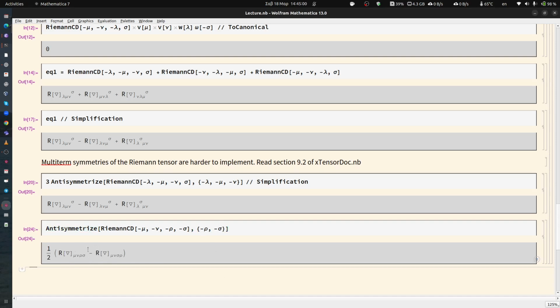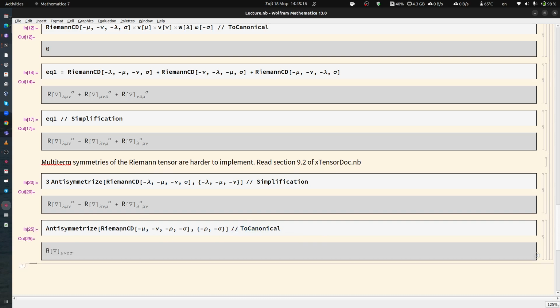So we know that because of the antisymmetry property of the Riemann tensor, this should be equal to the Riemann tensor itself, and the same thing is true as we have already done with the Riemann tensor if we antisymmetrize with respect to the first two indices.